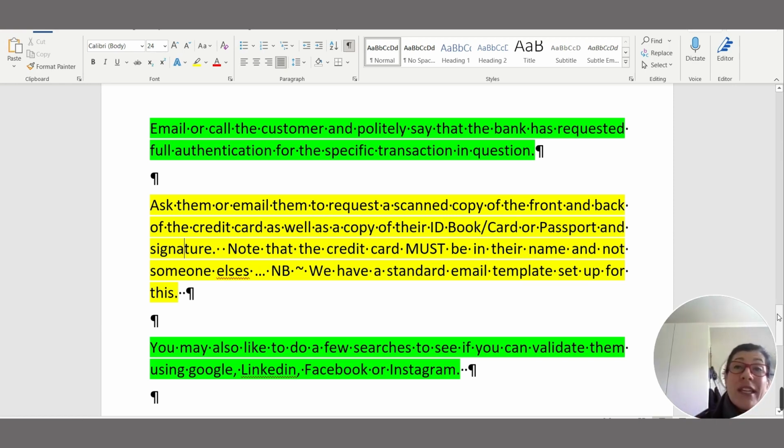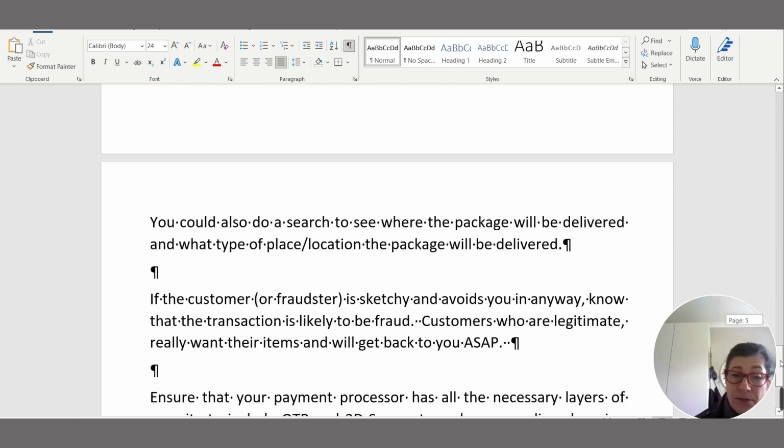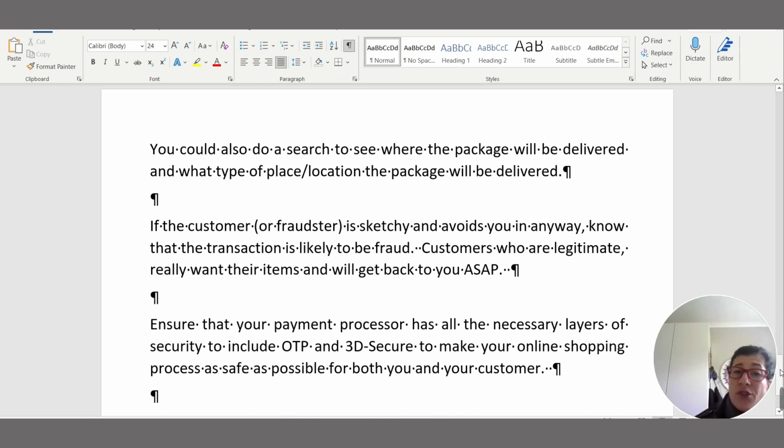Pop in someone's email address, put in their name and surname, and see what Google returns. You could also do a search to see where the package will be delivered and what type of place or location the package will be delivered to. See maybe if the postal code has been blacklisted. That would be interesting as well, and a courier company could help you with that.